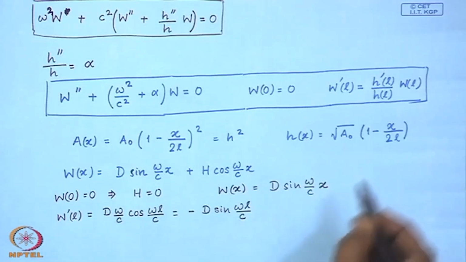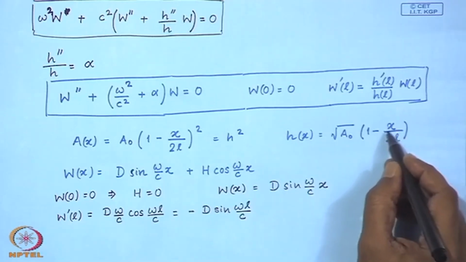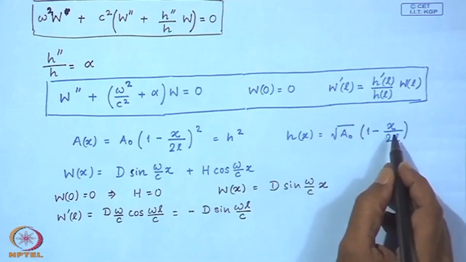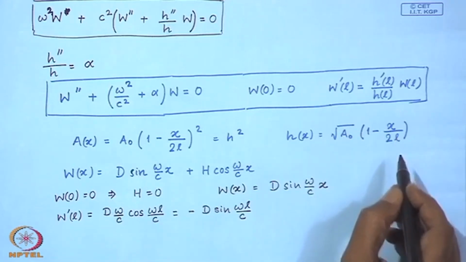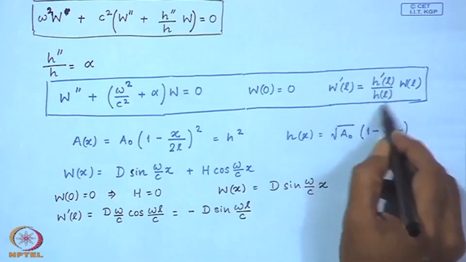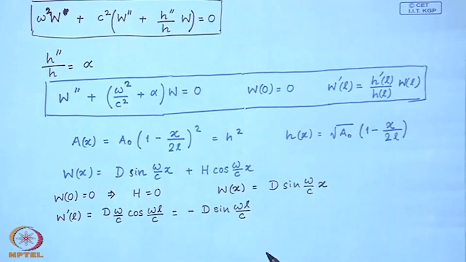so omega prime is given by minus of 1 over 2L under root A naught into minus of 1 over 2L, and so this expression becomes just minus 1.